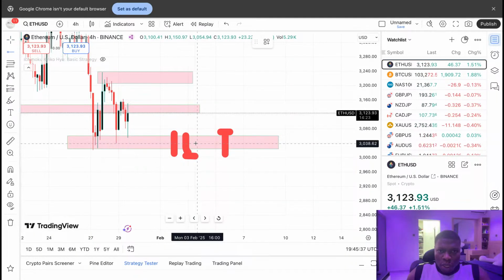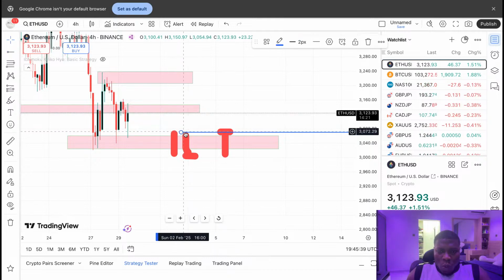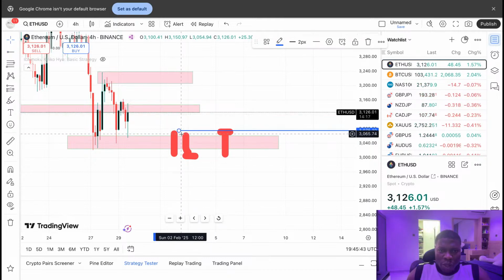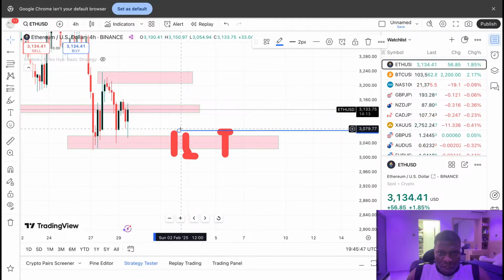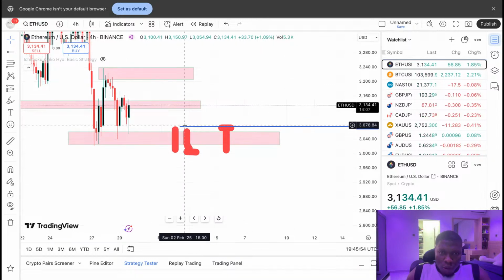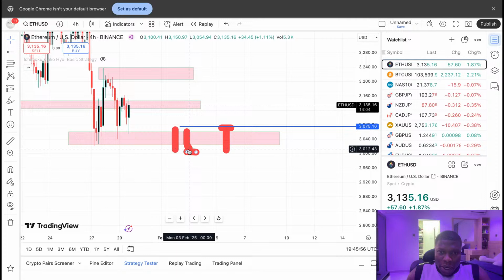Your stop loss should be at the wick of this candlestick, just a price above the wick. That is where your stop loss will be. If the market reverses back to this place, this is invalid. This is a rejection candlestick, so the market is not meant to go back to this place. If this is a bearish rejection, there is no way the market is going to go back.